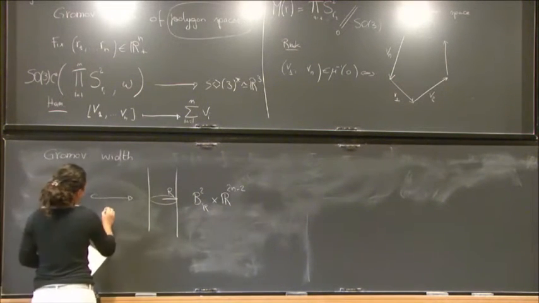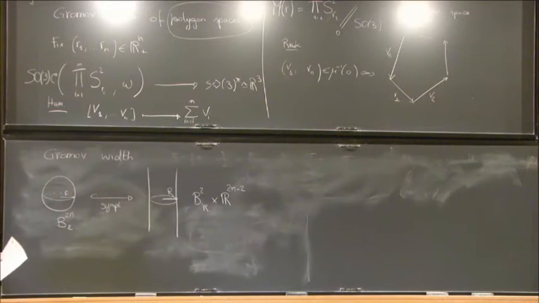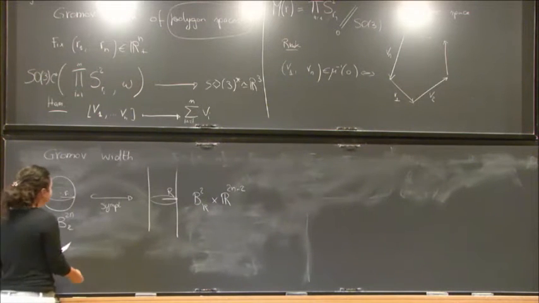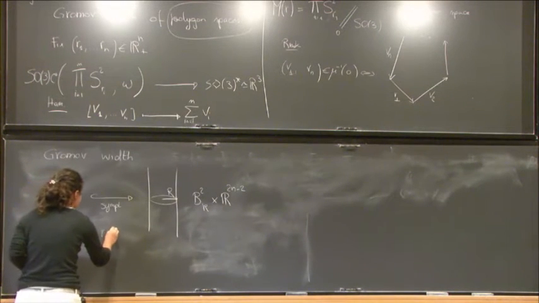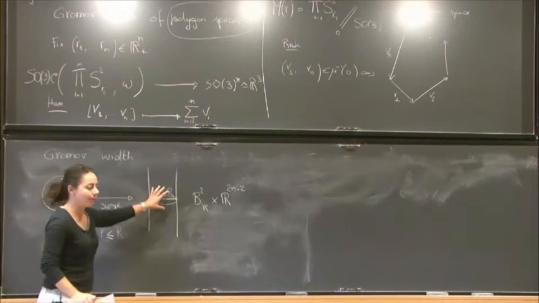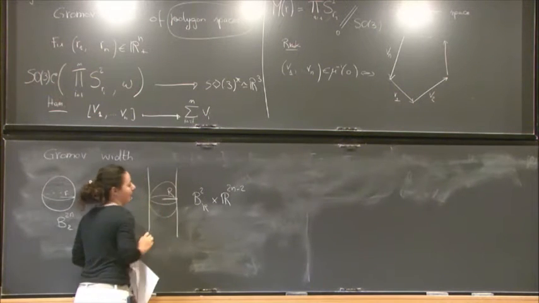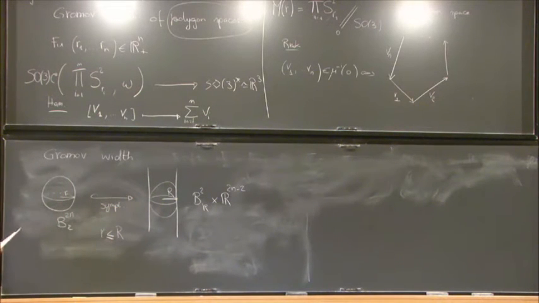So if you wish to have this as a symplectic embedding, then you can have it only when small r is smaller than or equal to R, and in fact the embedding is the one you would think: you put your ball here somehow.